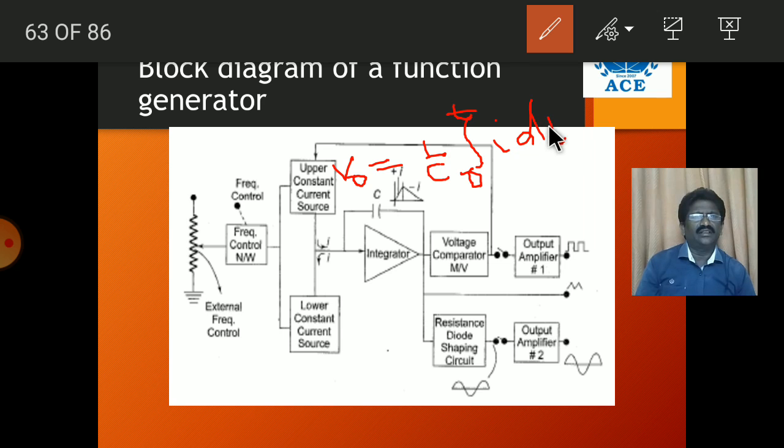Here C is the capacitor value, T is the charging and discharging time, and I is the current with respect to time. So this is the output of the integrator. You can observe it like this.